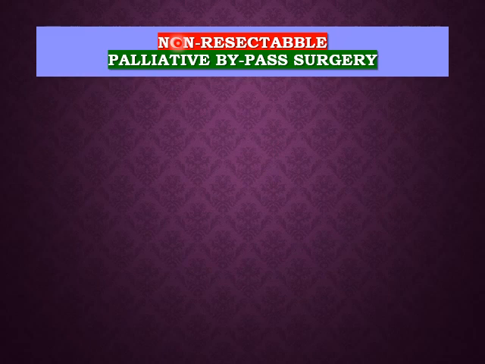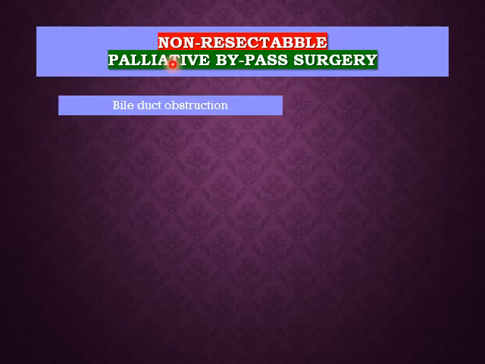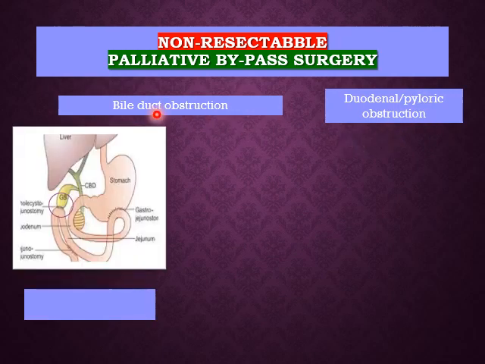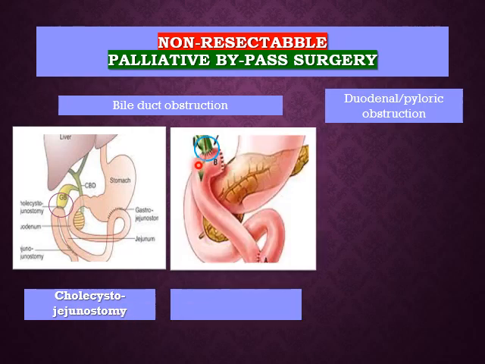Okay, next, we come to the surgical procedures for palliative resection of pancreatic tumor. Okay, again, you have bile duct obstruction and duodenal or pyloric obstruction. Okay, two scenarios. For bile duct obstruction, you can either do a cholecystojejunostomy or a choledochojejunostomy.